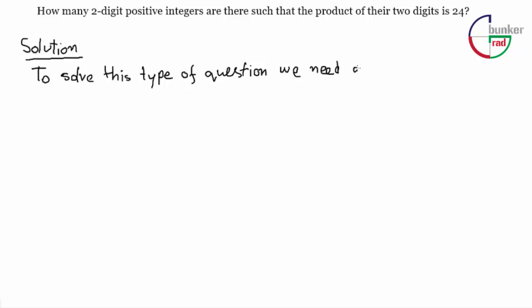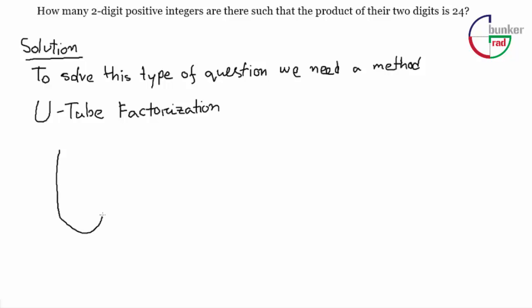To solve this type of problem, we need to understand a method. It's called U2 factorization. In this method, we draw a U, and in this U shape icon we will put multiplication as a sign so that we will have two different values that are multiplied together and make a value.